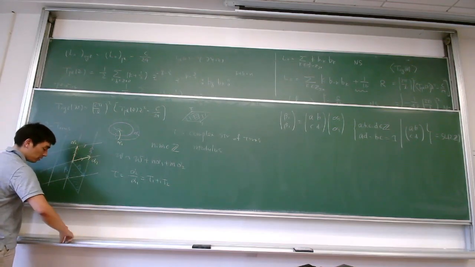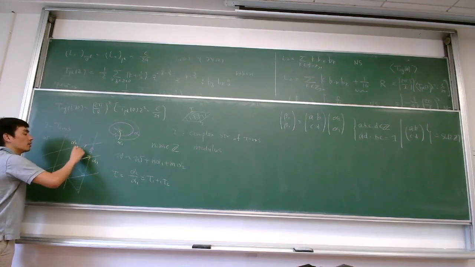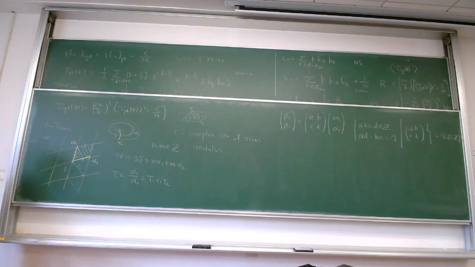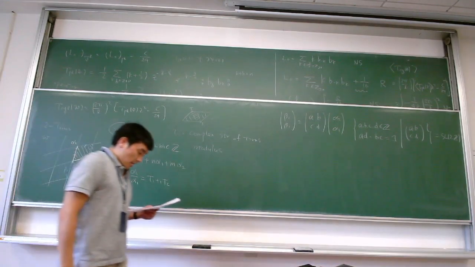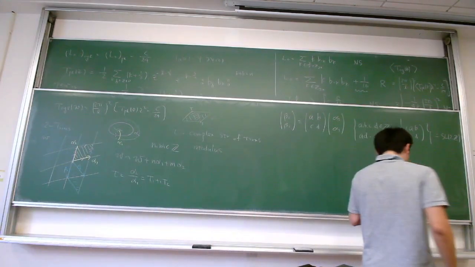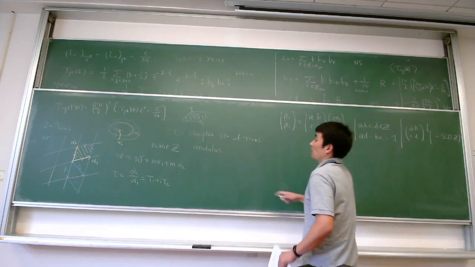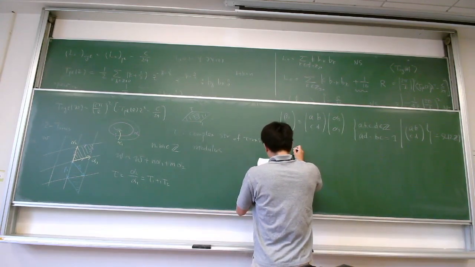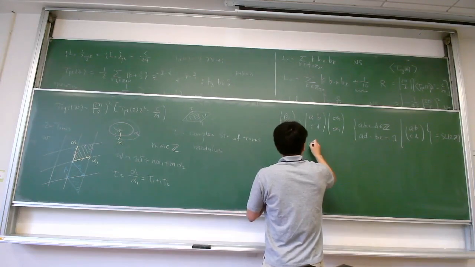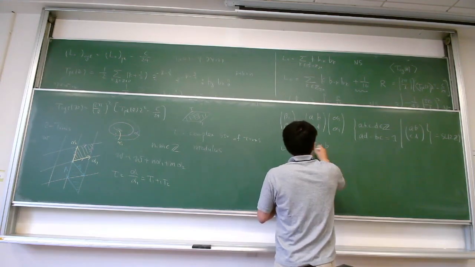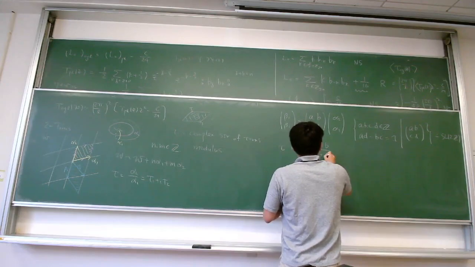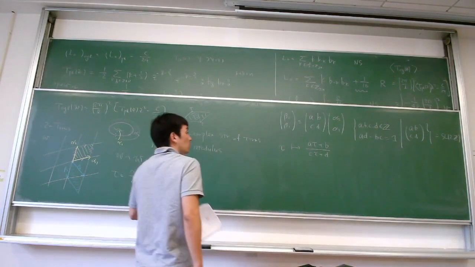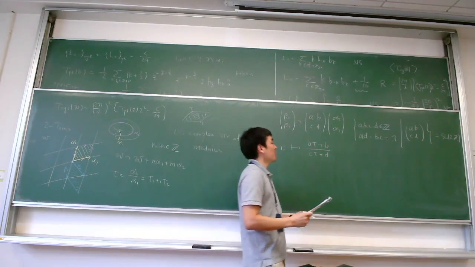Yellow is the original one, but it has the same shape. So if you take a ratio, tau goes to a tau plus b over c tau plus d.